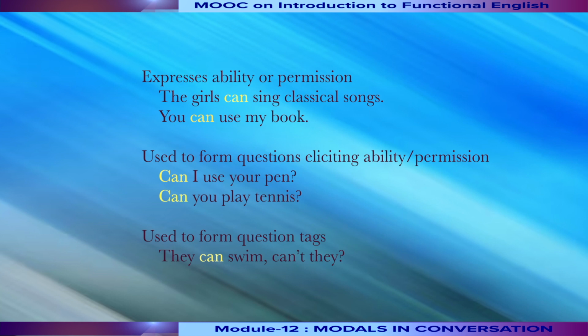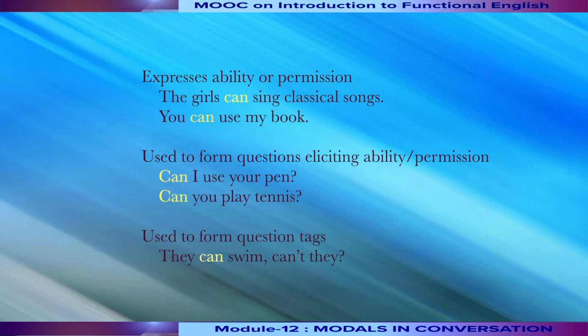So in the first sentence, when we say the girls can sing classical songs, or the boys can play very beautifully, we are basically talking about the ability of the girls or the boys to perform a particular task or a function, right? That's ability.